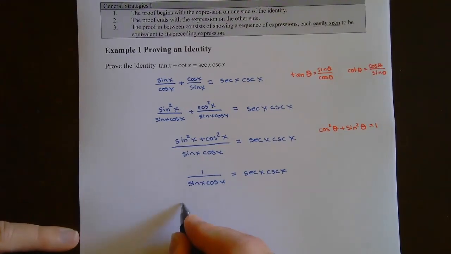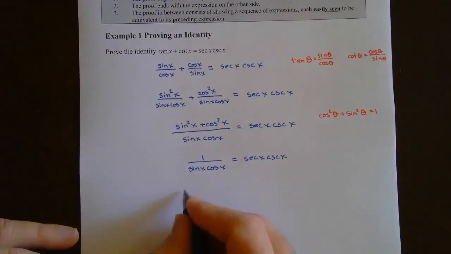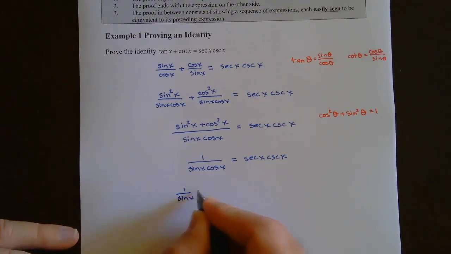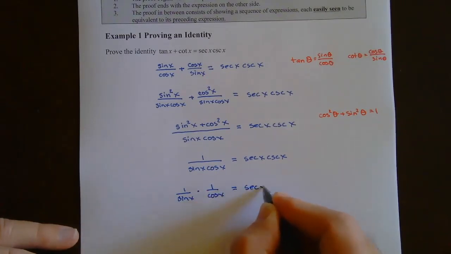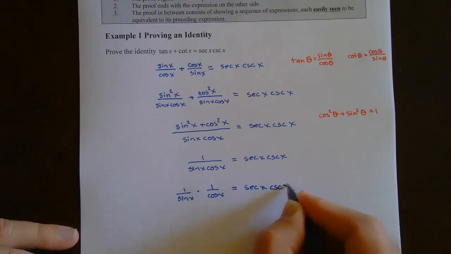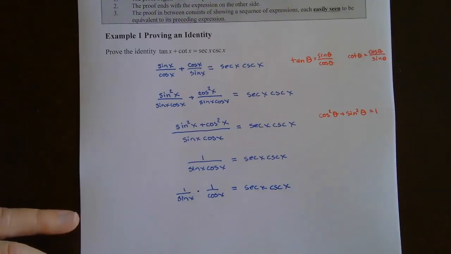So I could rewrite this as 1 over sine x times 1 over cosine x, is equal to secant x cosecant x. Just ask yourself, is this equivalent to this one? And it would be. If we went backward, we'd multiply these and we'd have 1 times 1 is 1, and sine x times cosine x is sine x cosine x, okay?